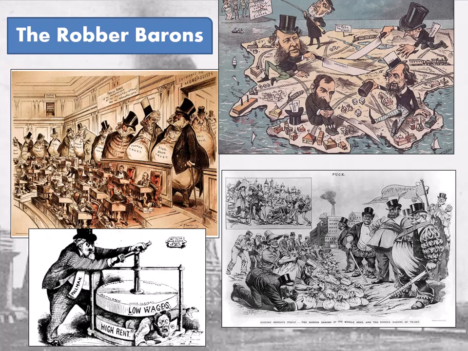And of course, the most infamous of all the robber barons was John D. Rockefeller, who was the kingpin at the head of Standard Oil. Andrew Carnegie and Cornelius Vanderbilt and J.P. Morgan and a whole variety of others, Bill Pullman, were each comparable to Rockefeller in charge of a particular sector of the American economy.